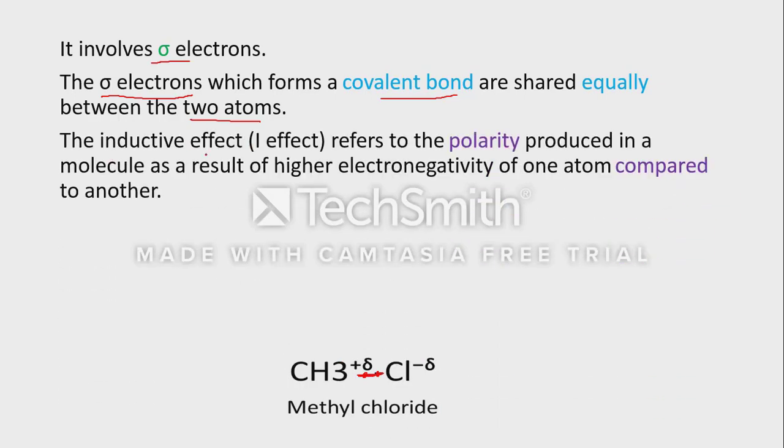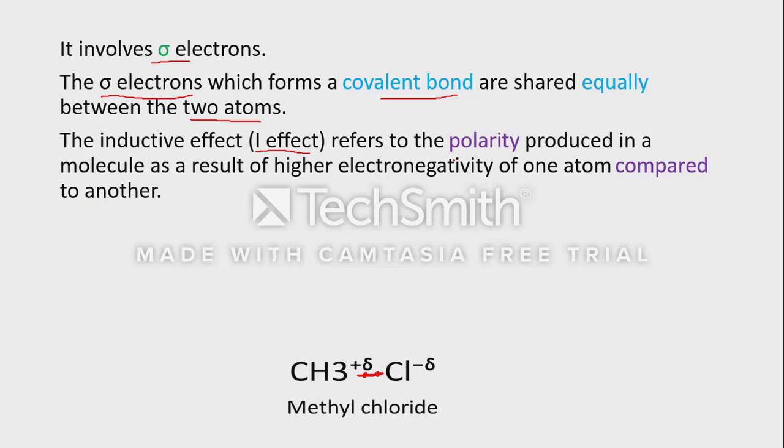Next, the inductive effect is also written as the I effect. It refers to the polarity produced in a molecule as a result of higher electronegativity of one atom compared to another.